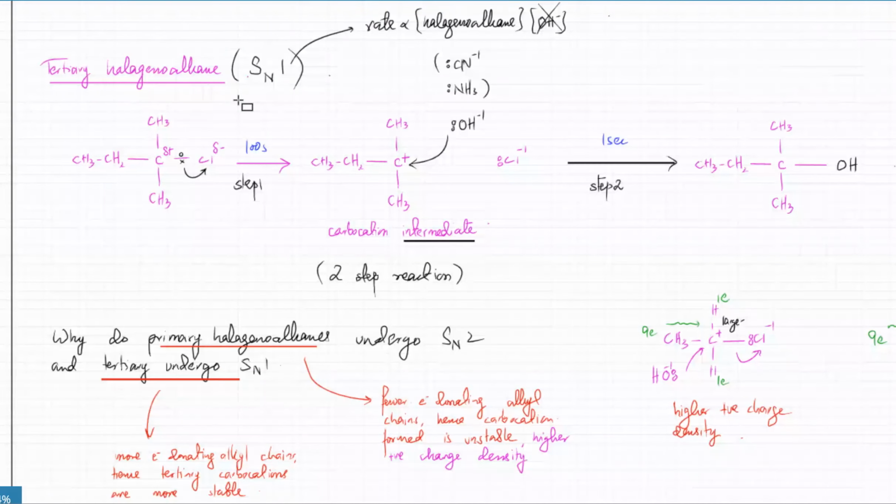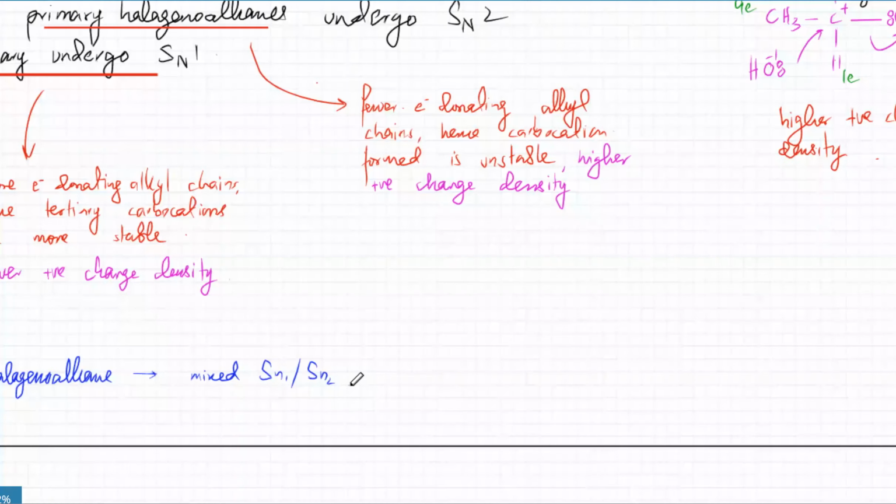In tertiary halogenoalkanes, the Cl will break first, and a carbocation was formed. It was an intermediate, it was a two-step reaction, and then the OH-1 or any of the nucleophiles would come in and attach with this carbon atom. Now, the reason for that was, why do primary halogenoalkanes undergo Sn2 mechanisms?